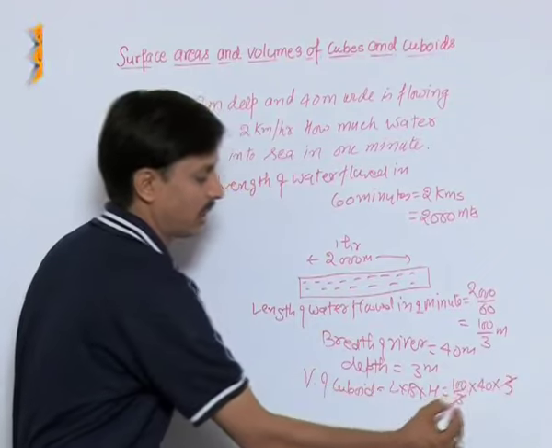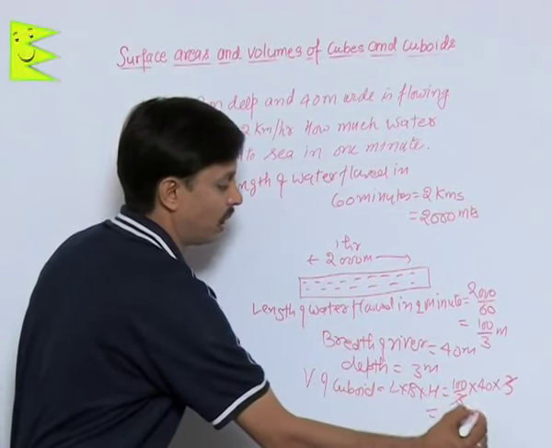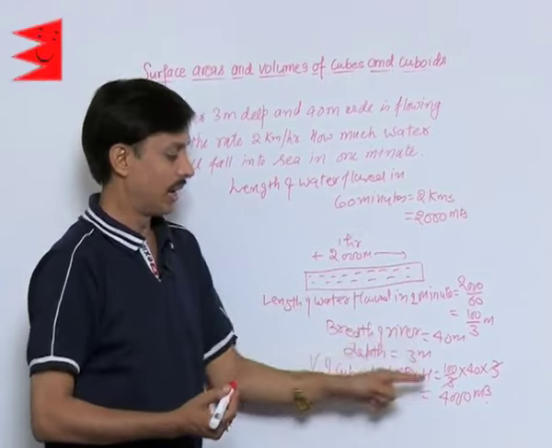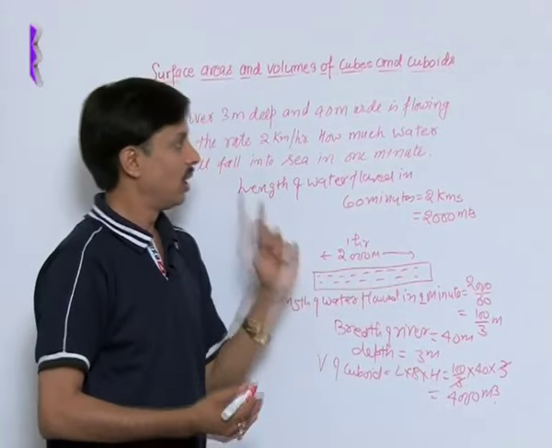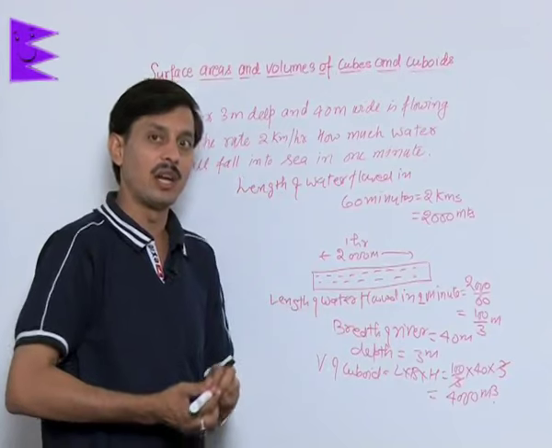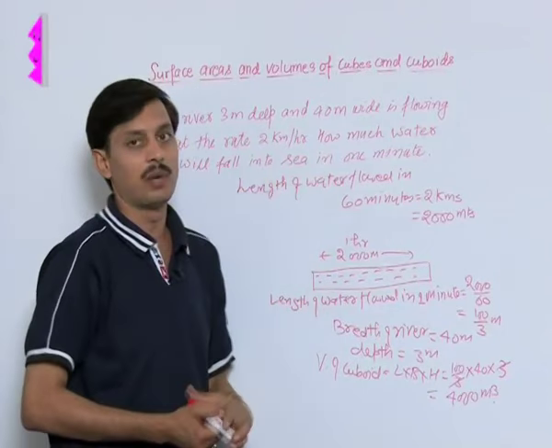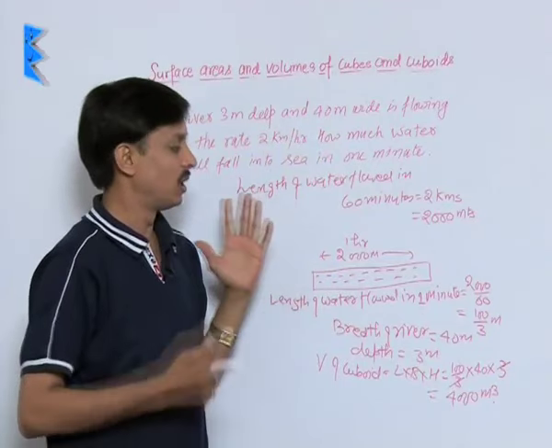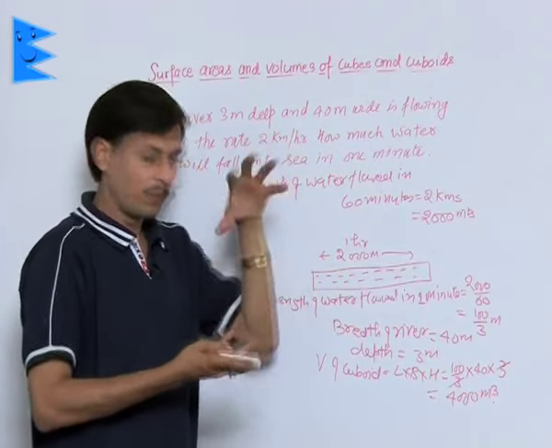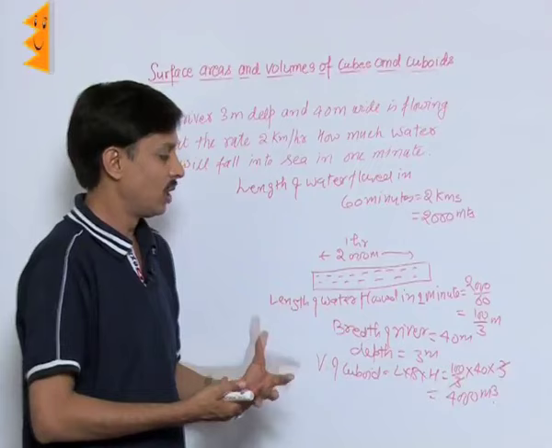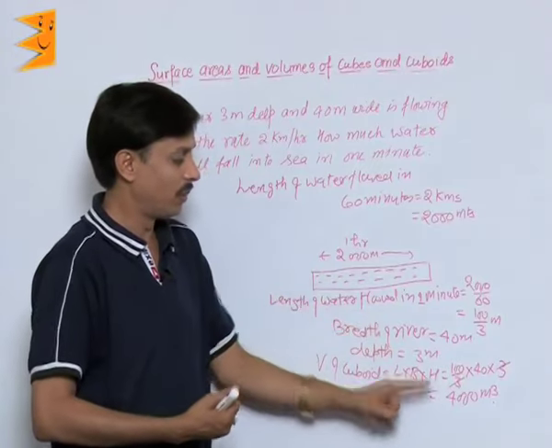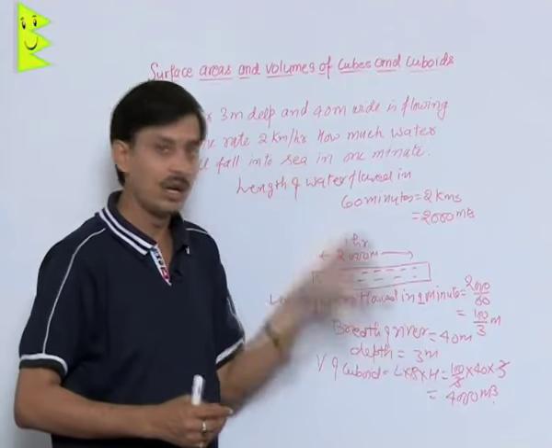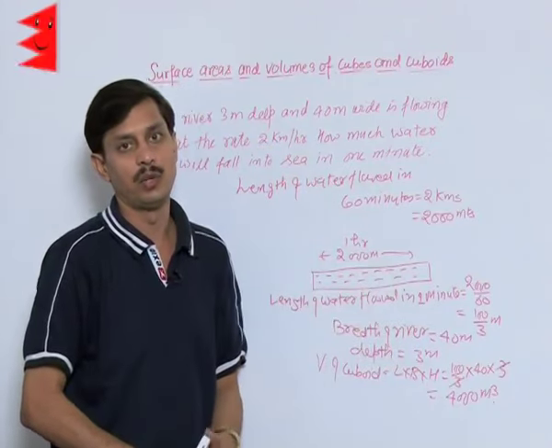When 3 and 3 get cancelled, this comes out to be 4000 meter cube. Hence the conclusion is, if the river is flowing at the rate of 2 km per hour, with width 40 and depth 3 meter, then the water given to the sea by the river in 1 minute will be 4000 meter cube.